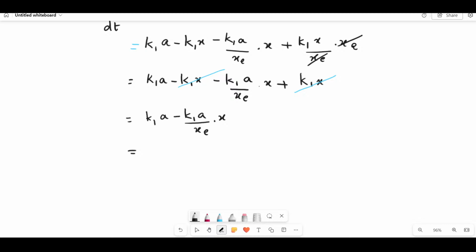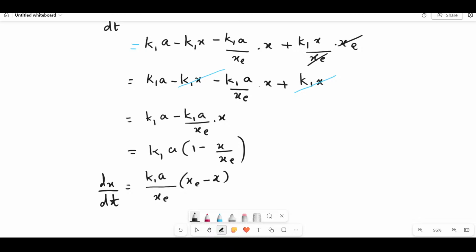This is equal to k1a common, 1 minus x divided by xe. Therefore, dx by dt is equal to k1a divided by xe into (xe minus x).